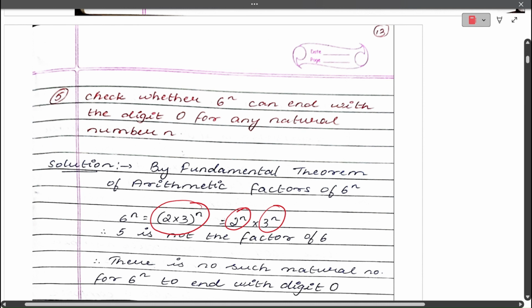Okay. So for a number to be ending with 0, it should be divisible by 5. So here the number isn't divisible by 5. So 5 is not a prime factor of 6 to the power of L. So there is no such natural number for 6 to the power of L to end with a digit 0.